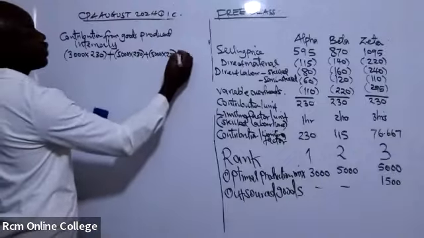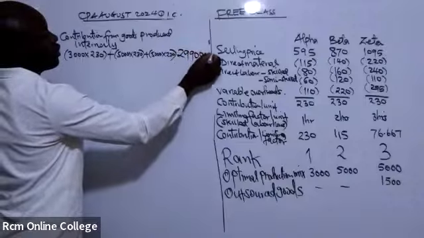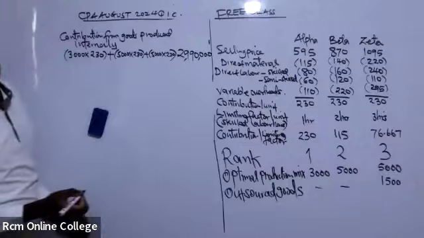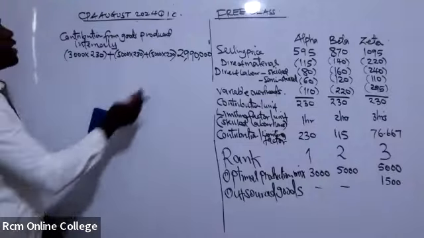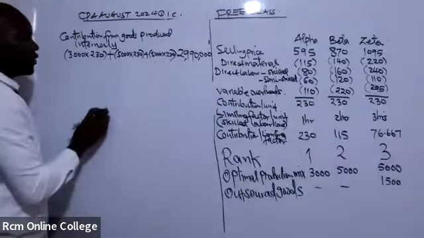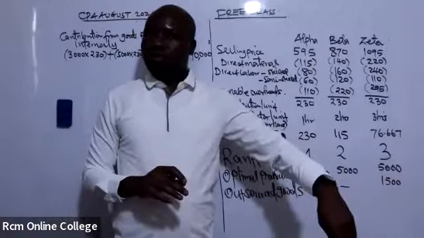So we have 29,90,000. Perfect. Having done that, the next thing is, remember, there are some goods that were outsourced.